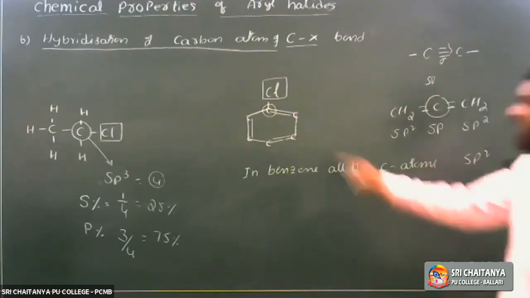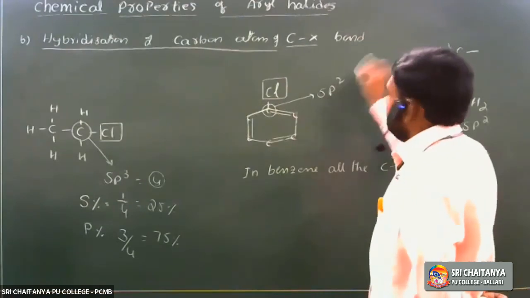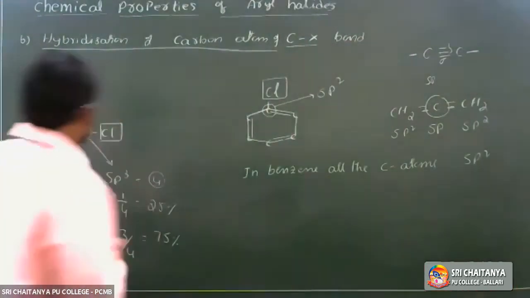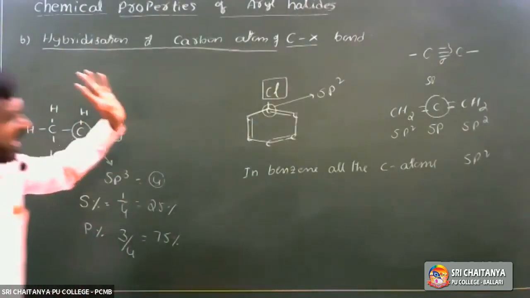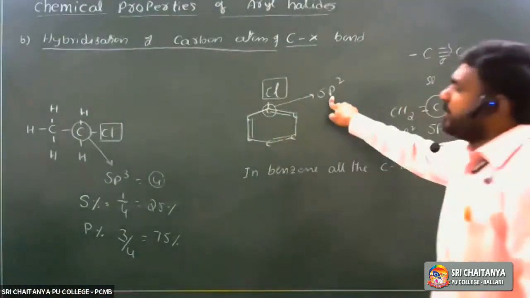So here, what is the hybridization of this carbon? sp2. So in alkyl halides, halogen is attached with sp3 hybridized carbon, whereas in aryl halides, halogen is attached with sp2 hybridized carbon.